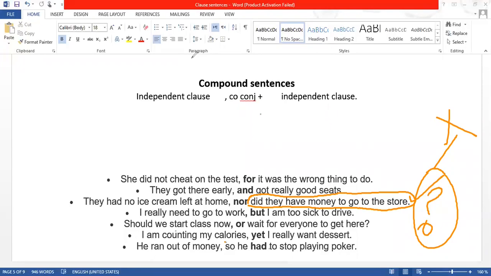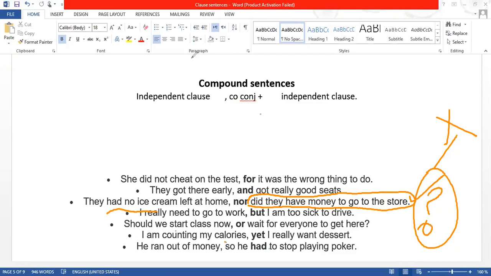So what I just said is that nor is used in a negative sense. You already know that nor gives you a negative sense. For example, I had no ice cream. Or, I did not go there, nor did they come here.